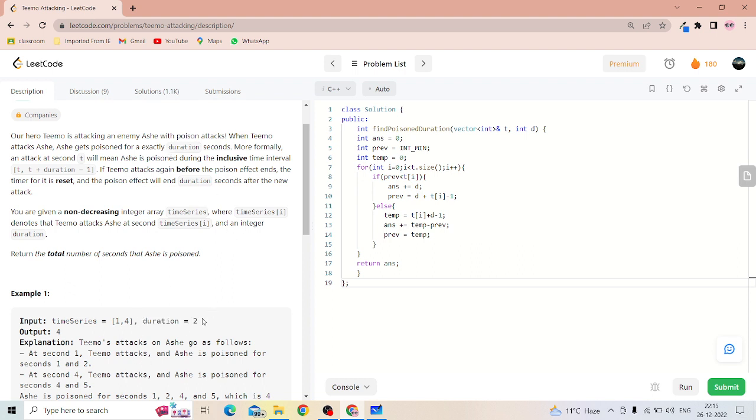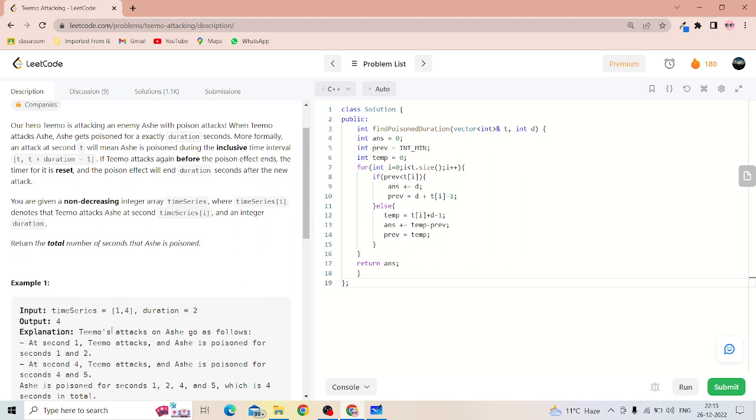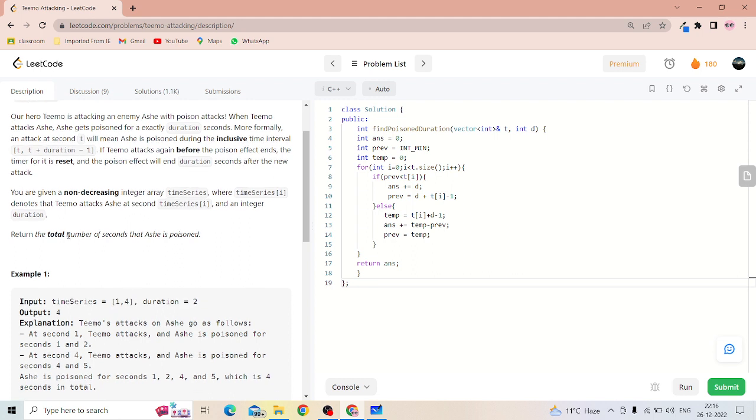So duration represents how long the effect of the poison will stay, how long it affects Ash. So we are given the array 1, 4 and duration is 2. We have to find the answer, the total number of seconds that Ash is poisoned.